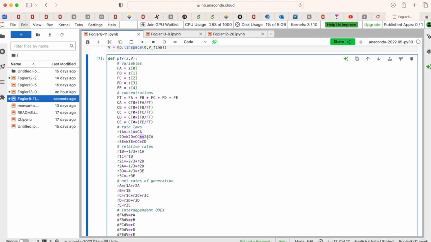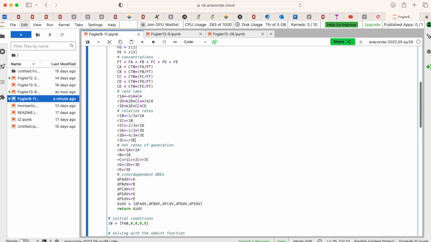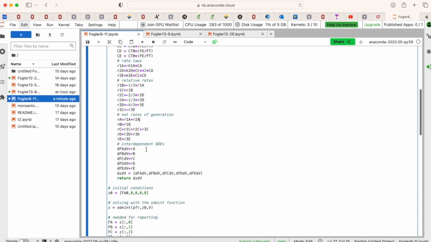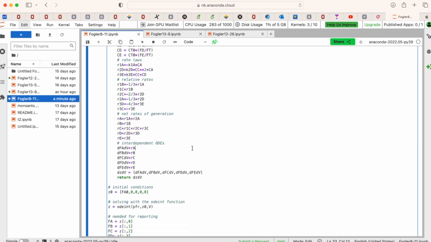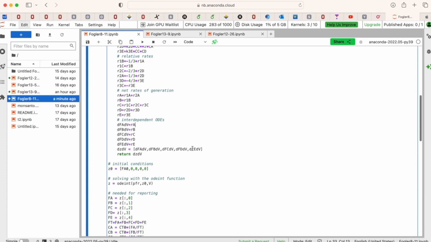So this right here is equivalent to the caret symbol. Python isn't going to recognize the caret symbol as raising to a power, so I have to do it that way. These are all my relative rates. So as we wrote out, from the relative rates, I can then solve for the net rates of generation, and then I can use that to set up my interdependent ODEs. These, again, I'm calling these DFA, DV, but I can use any sort of name.